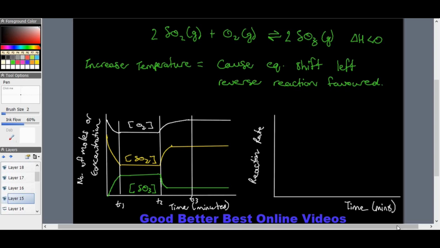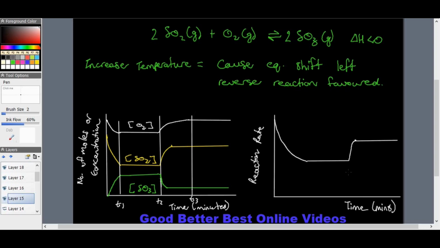I'm just going to use minutes because I can't write the full word in there. Okay, so the forward reaction would be like this. It would go down, mellow out like that, and then it would somehow increase like that, for the forward reaction.